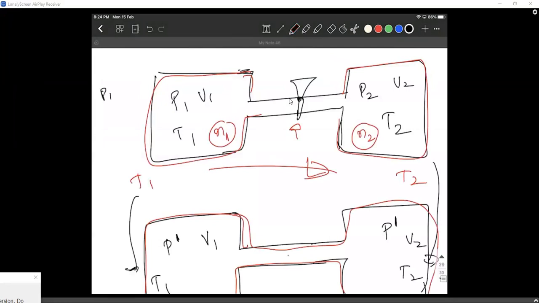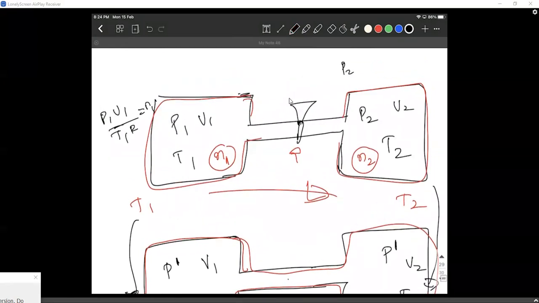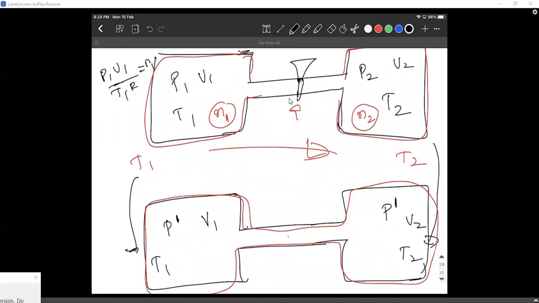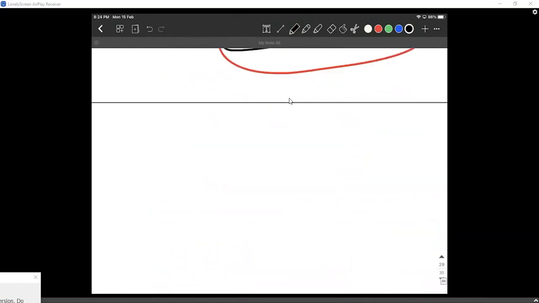Initially, I'm going to write P1 V1 by R T1, which equals N1. On this side, it is P2 V2 by R T2, which is N2.